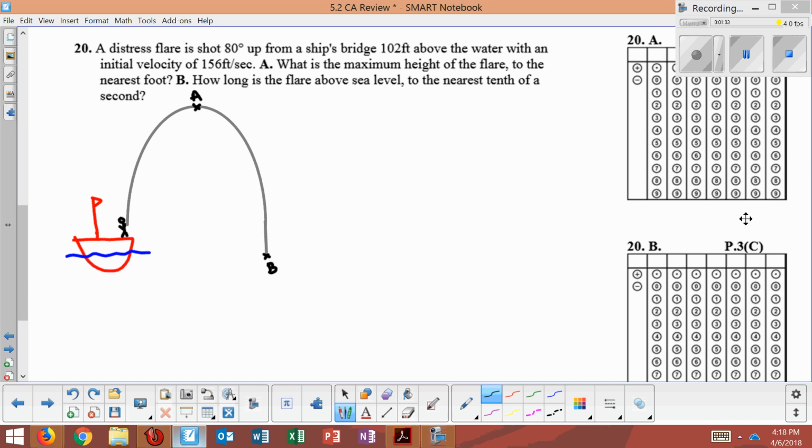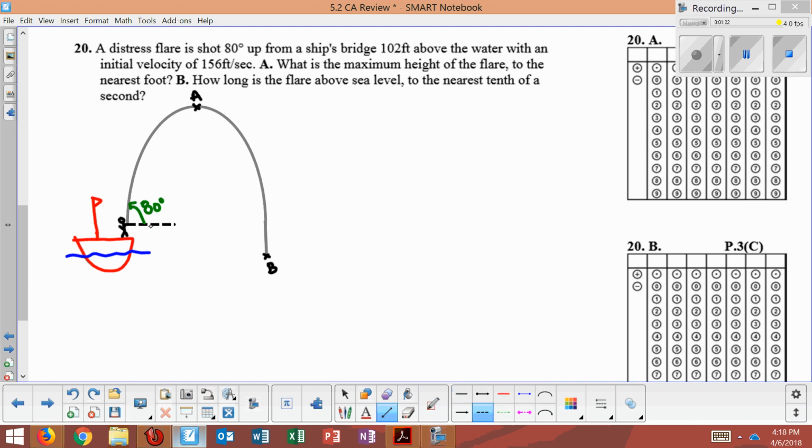First, this flare shot up 80 degrees. So if you went straight out from the shot, or straight horizontal and then curved up, that's 80 degrees there. It was shot from 102 feet above water.